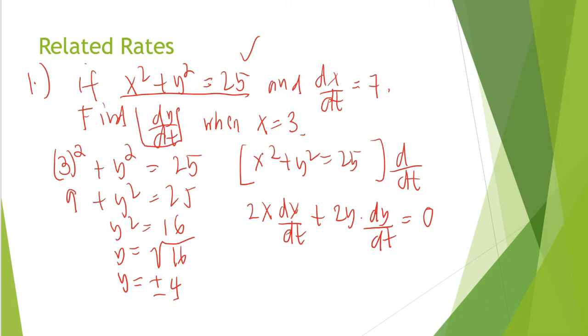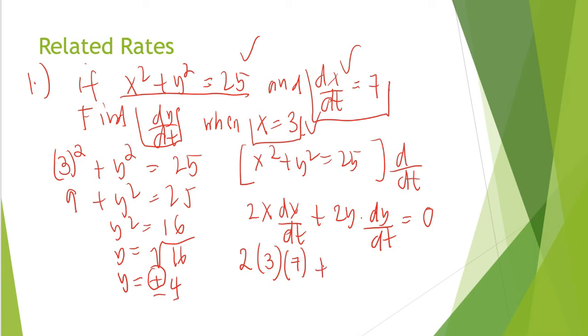We substitute the given values x is equals to 3 and dx over dt is equals to 7. And then we are going to use first y is equals to positive 4. 2 times x is equals to 3. Ito yon. And then we have dx over dt is equals to 7 times 7 plus 2.